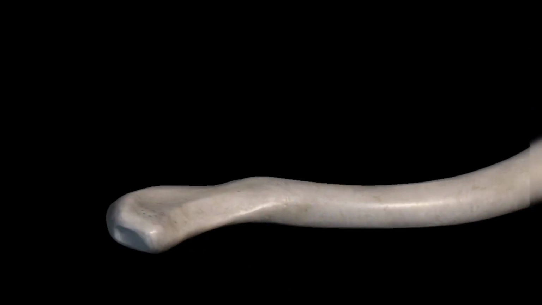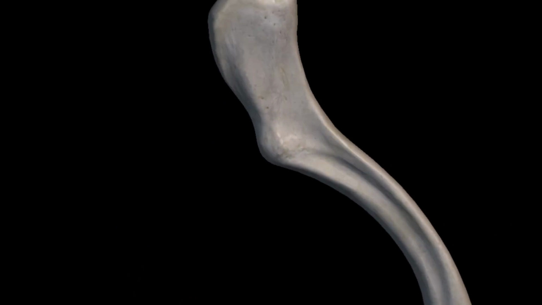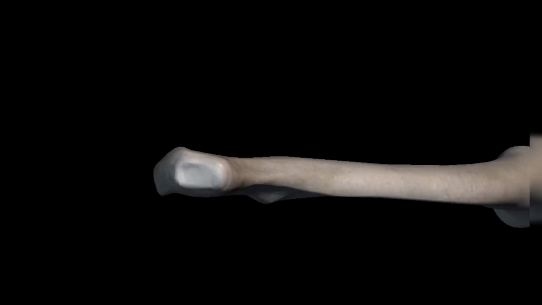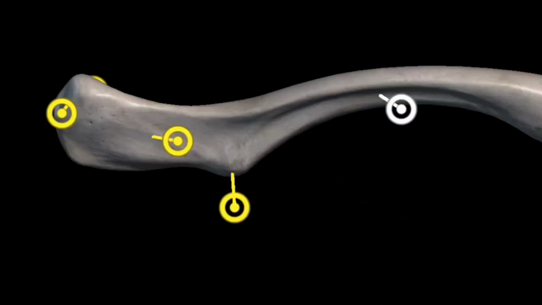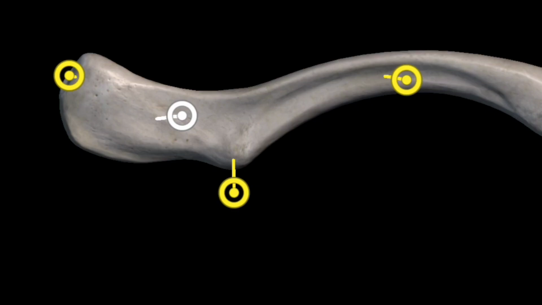This part of the bone has two surfaces, superior and inferior. The superior surface is subcutaneous and the inferior surface presents an elevation called the conoid tubercle, as you can see, and the ridge called the trapezoid ridge.